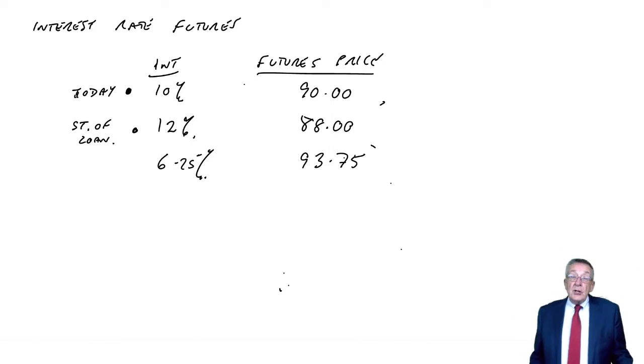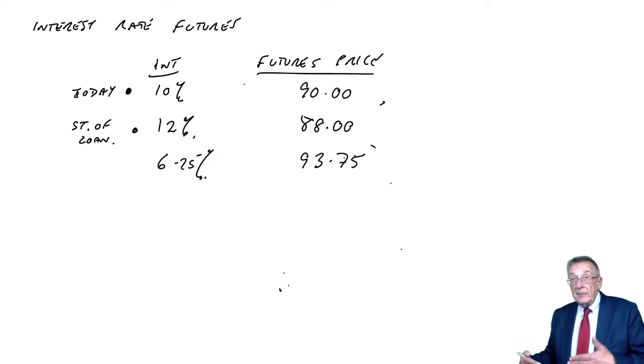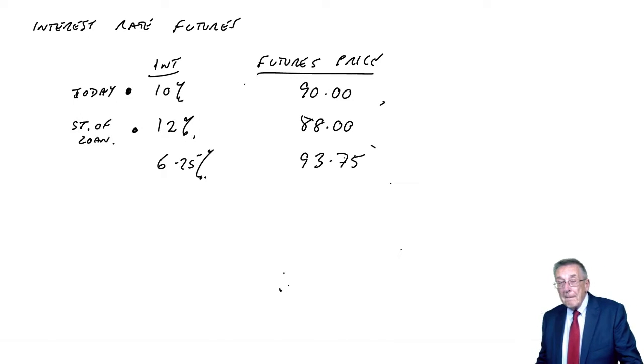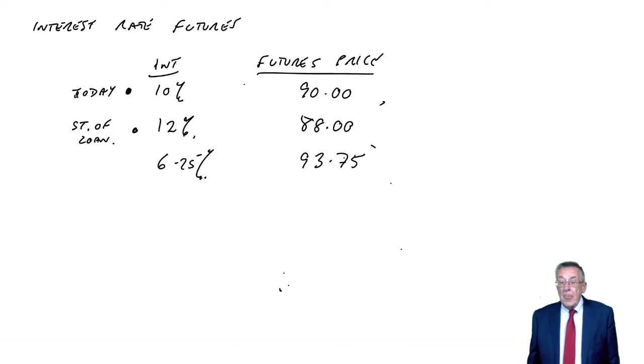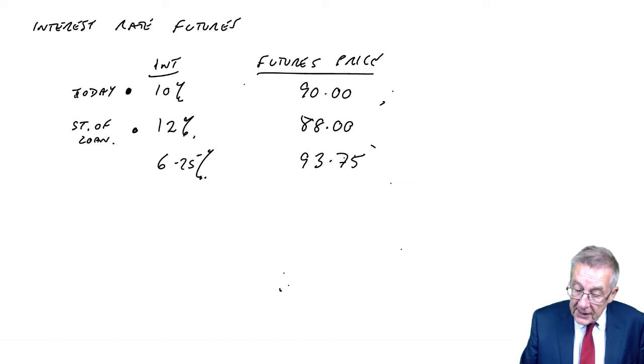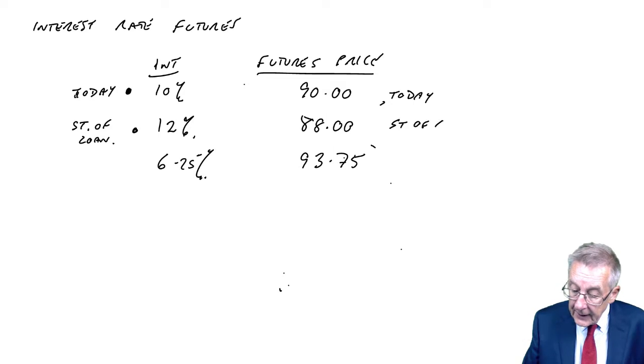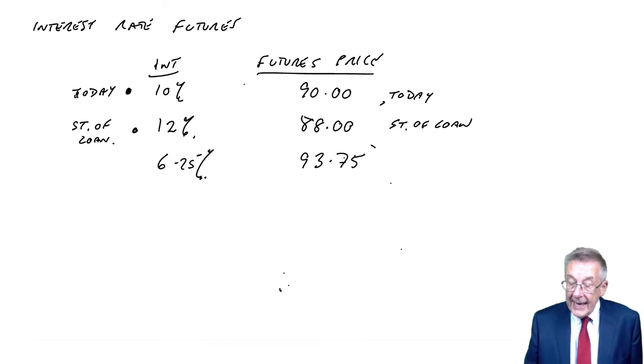So on the interest itself, we'll obviously end up paying more. We'd want the futures to make a compensating profit. Well, the price of the futures today would be 90. At the start of the loan it would be 88.